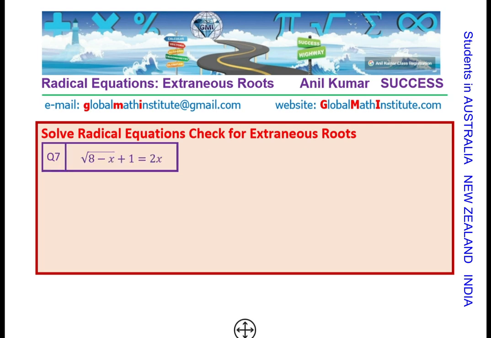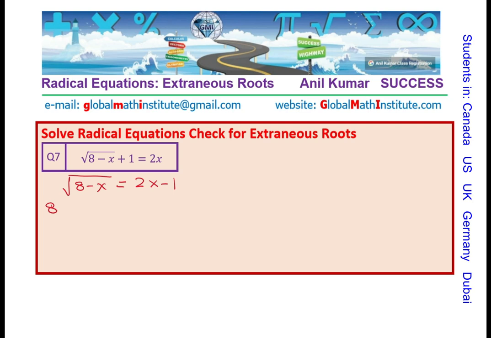Now let's take question number 7. Once again, we'll take 1 to the right hand side and rewrite the expression, which is square root of 8 minus x equals 2x minus 1. Squaring both sides, we get 8 minus x equals 2x minus 1 whole square, which is 8 minus x equals square of 2x, 4x squared, minus 4x plus 1.